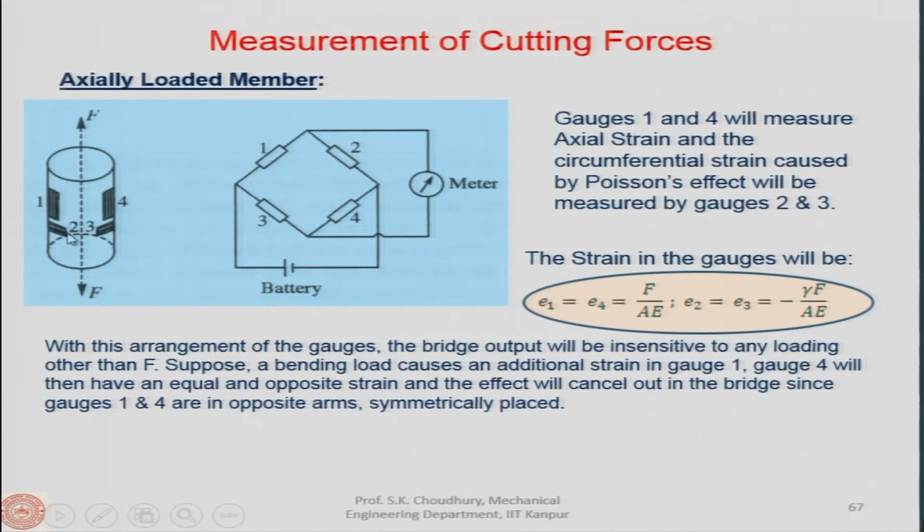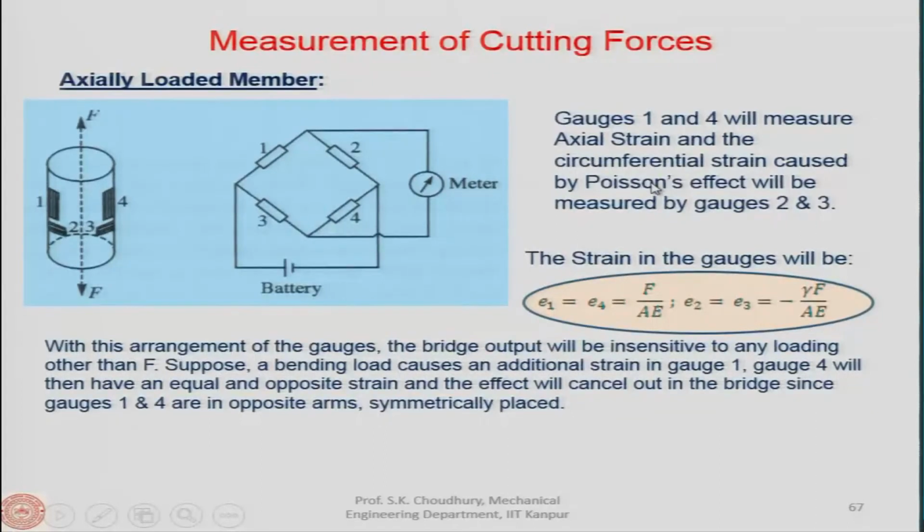In case of measurement of cutting forces, for a very long time we have been using strain gauges, which many of you might have seen. Strain gauges are very simple.